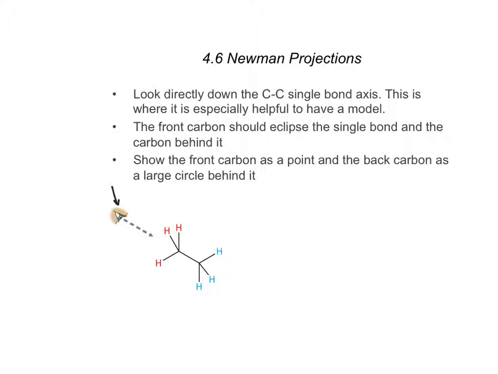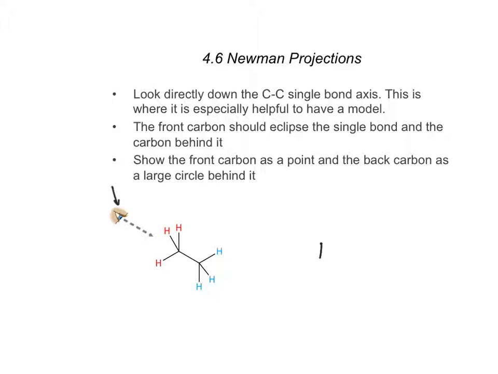What we're going to do in our Newman projection is draw that front carbon first. So we start by drawing, let's say, a little dot to represent that front carbon. If I'm looking down at this guy this way, and that's my front carbon, what's going directly down? A hydrogen, right? So I'm looking this way, there's a hydrogen pointing directly down.